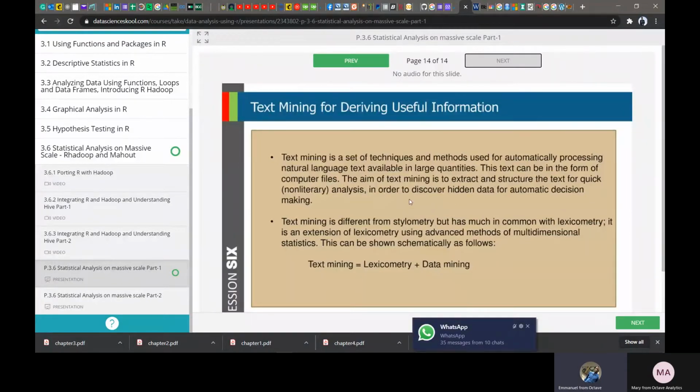The aim of text mining is to extract and structure the text for quick analysis and non-literary analysis in order to discover some hidden data for automatic decision making. You can literally say text mining is lexicometry plus data mining, trying to study the structure of text.